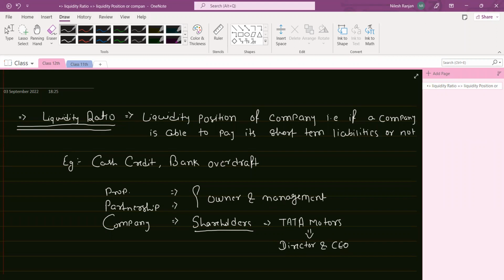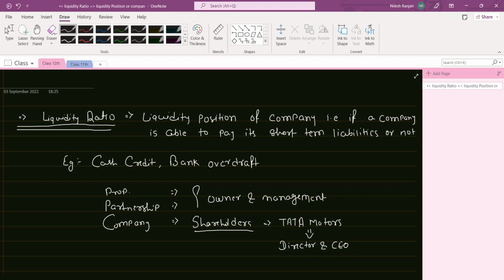They have authority over the accounts, but they cannot withdraw money like that. The management team is different and cannot withdraw money, and the owners, the shareholders, also cannot withdraw money. So there is no concept of drawing in a company.